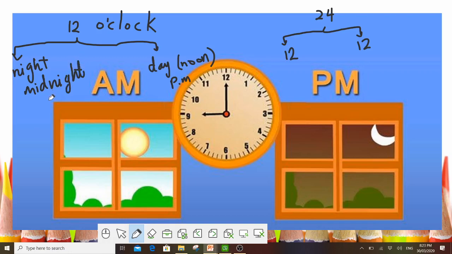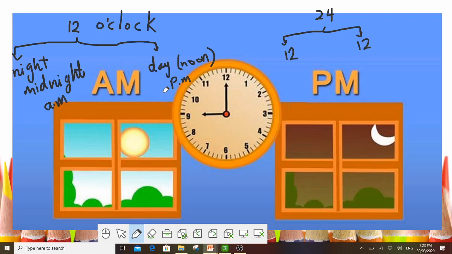Okay, so AM stands for anti-meridian. PM stands for post-meridian.